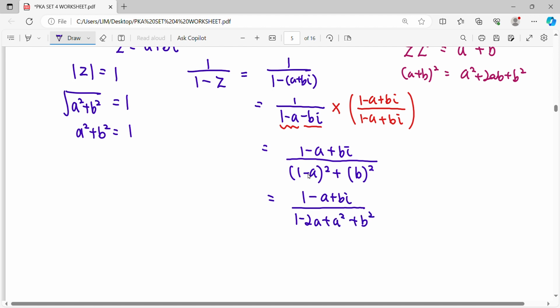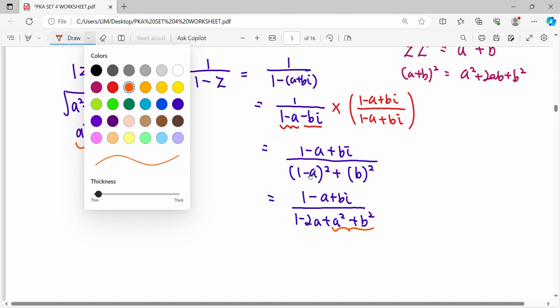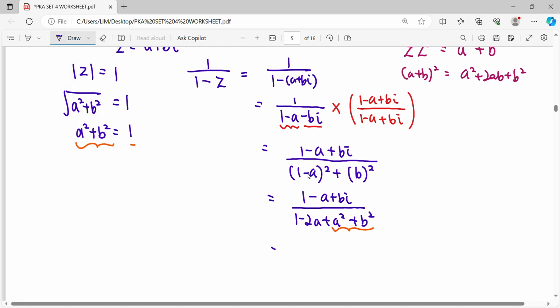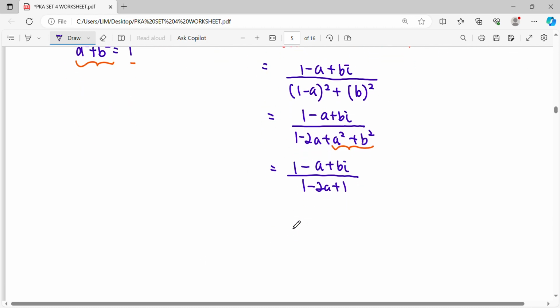And what can we see here? a square plus b square is equal to 1. Simplify until we get the standard form.